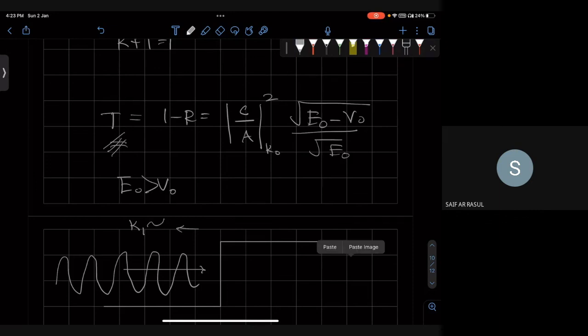That is what tells us that some particles are going to be reflected. It's not that some of the particles probabilistically have less energy. Okay? I see, I think it makes sense.